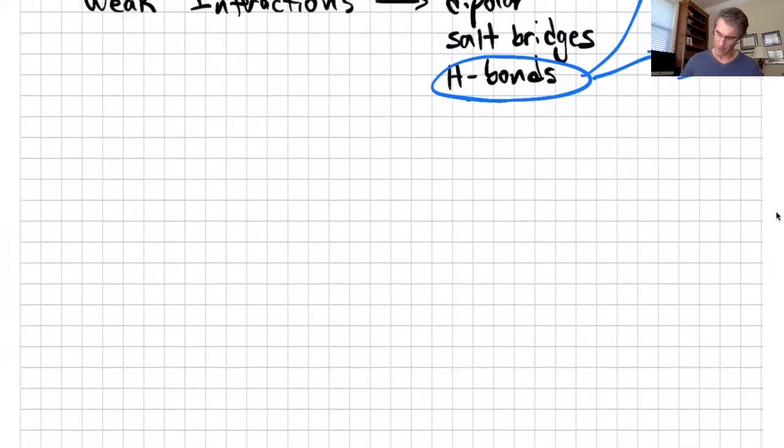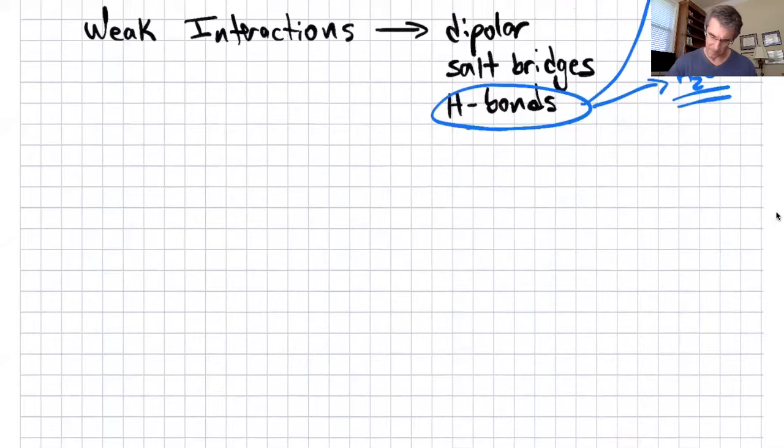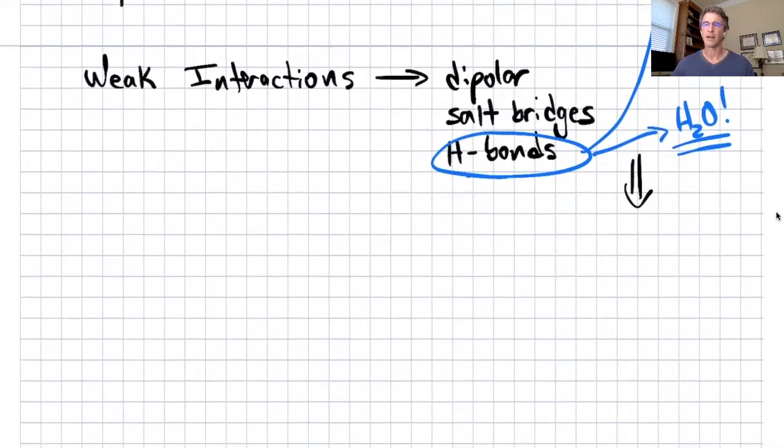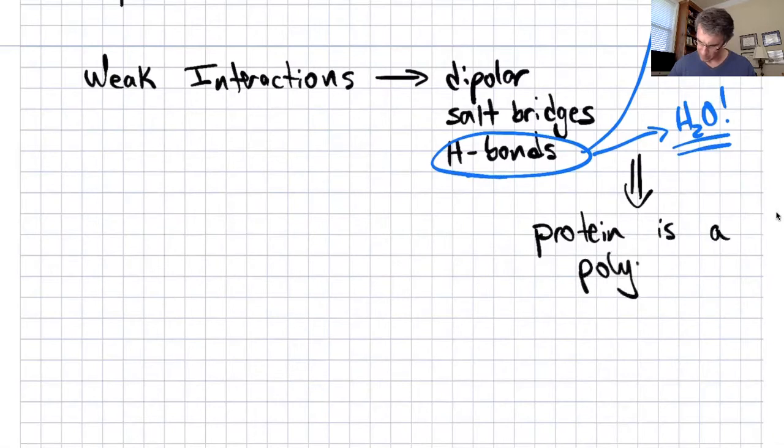The problem that this argument misses is that the groups interacting in a polypeptide are not interacting in isolation, right? That a protein is a polymer. The amino acids are connected to each other covalently.